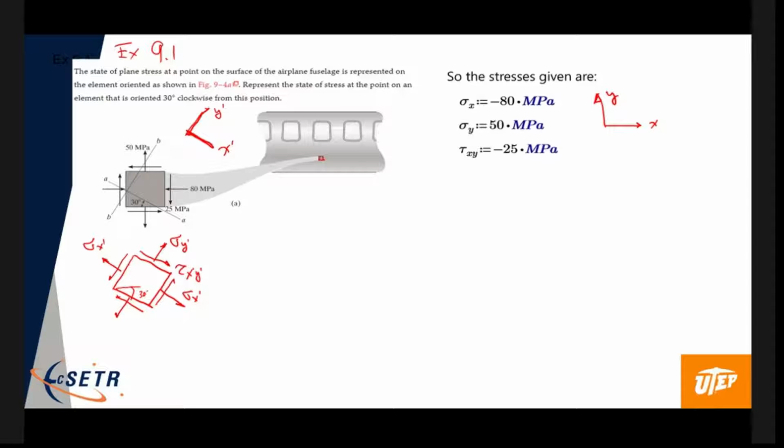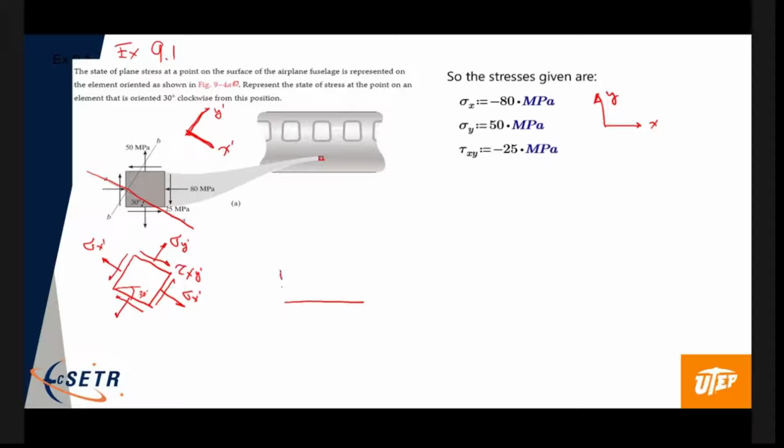All right, so let's do one of these, okay? So let's look at the cut along line AA, okay? And if we do that, what do we have? We have a free body diagram that looks like this. Here's the bottom face.